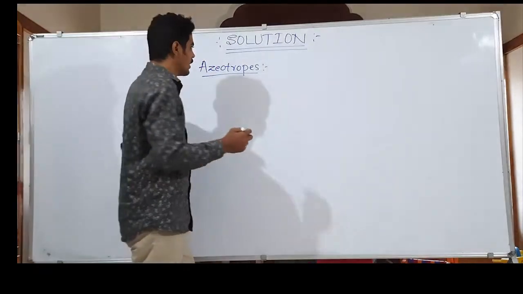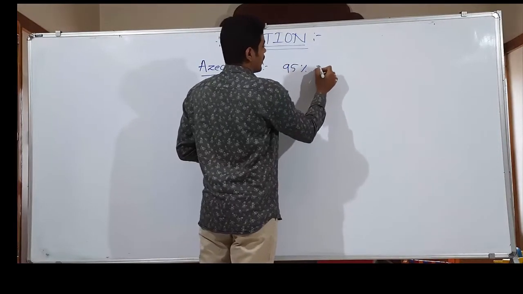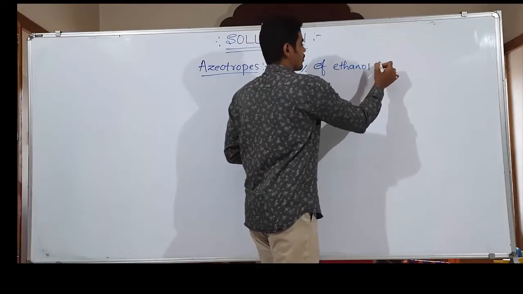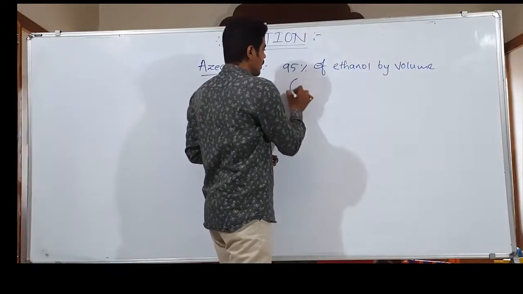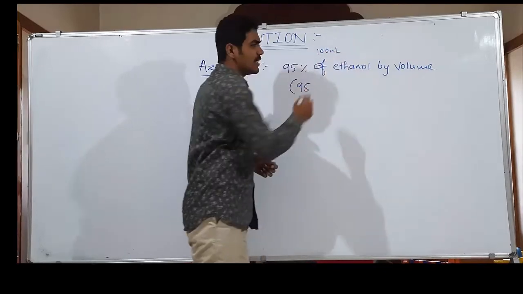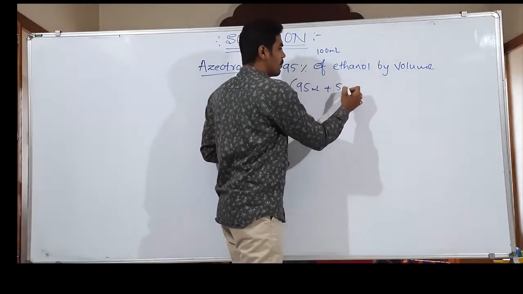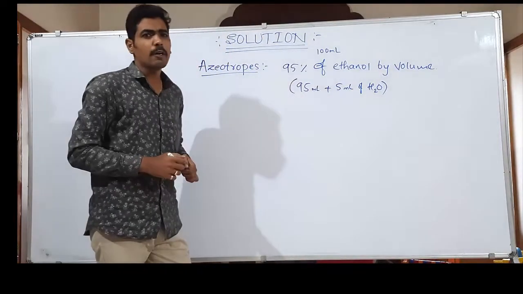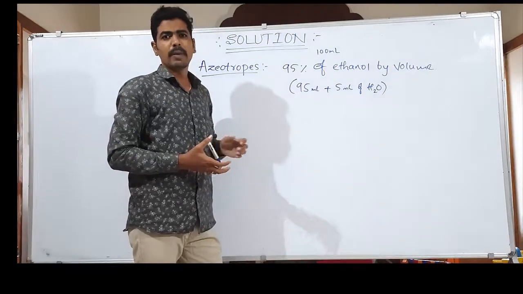For example, if I consider 95% of ethanol by volume, that is, if I consider 100 ml of this solution, 95 ml of ethanol and 5 ml of water will be present in this kind of mixture. So this is an example of azeotropic mixture.